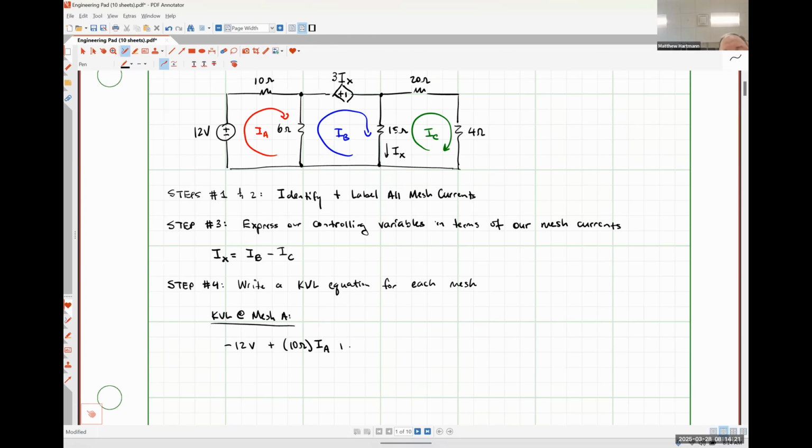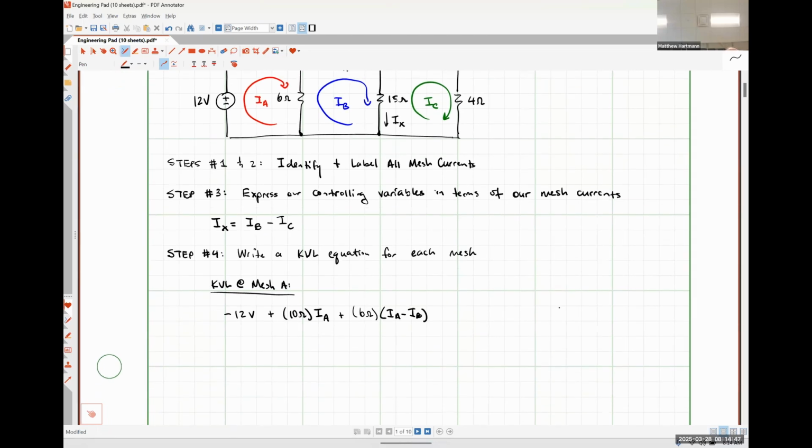And then the next thing I see is my 6 ohm resistor. Our 6 ohm resistor has 2 mesh currents flowing through it. IA is flowing down through it, and IB is flowing up through it. Since we're following IA around, this combination of mesh currents is going to look like IA minus IB. And now we're back to the node we started from, so we just set this equal to 0.